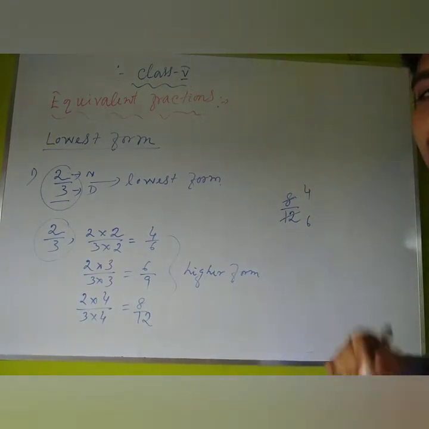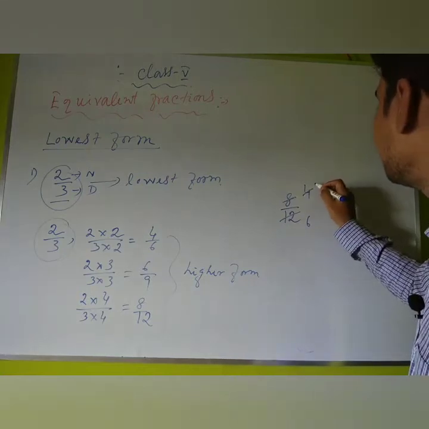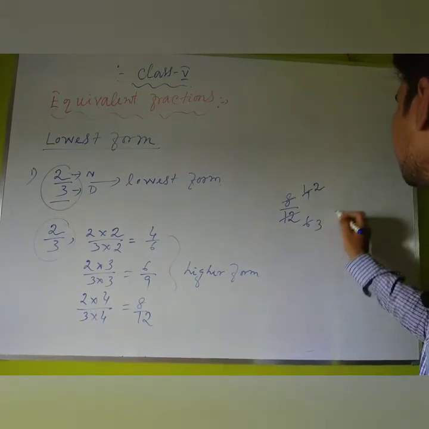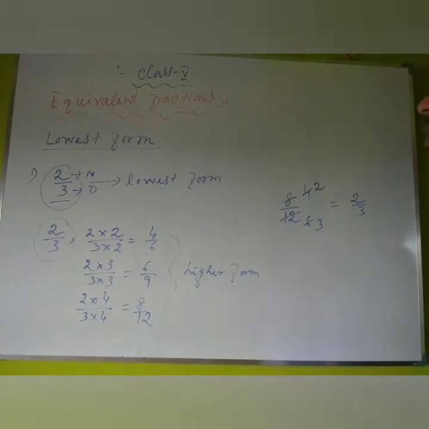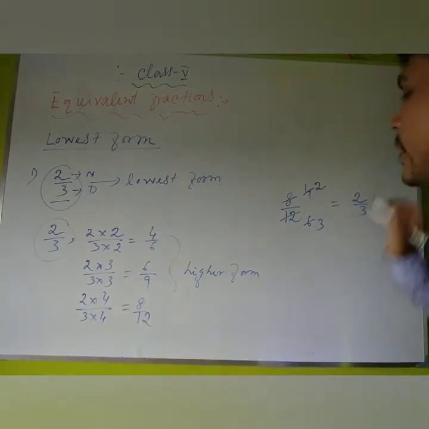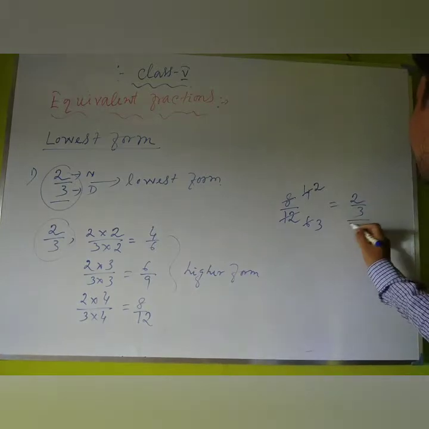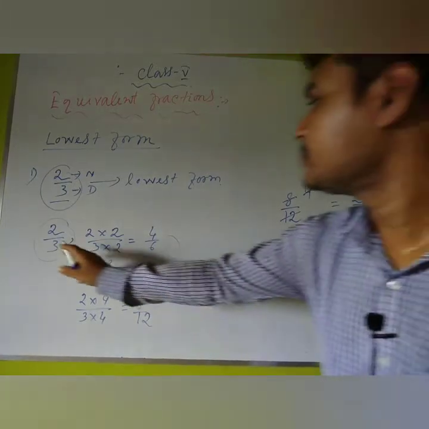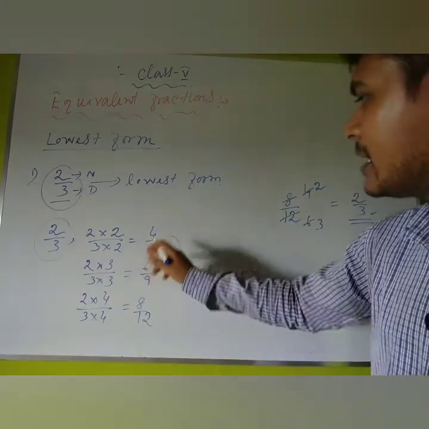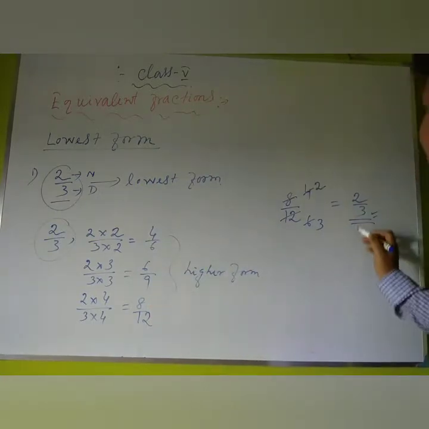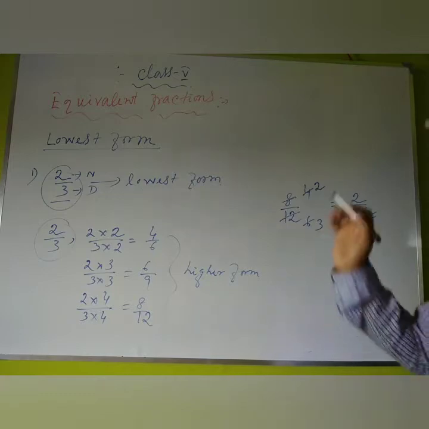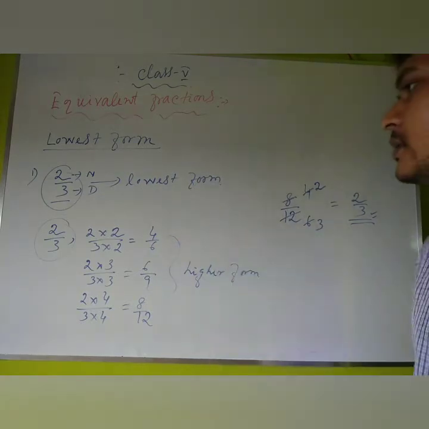Now 4, 6 are also divisible by 2. So we get 2 and 3. So we get the lowest form 2 by 3, because there is no common factor of 2 and 3. If you divide 4 by 6, 6 by 9, you get at last this fraction 2 by 3, which is the lowest form. Okay, I hope all of you understood.